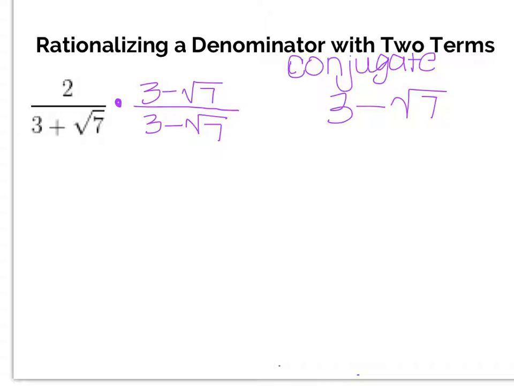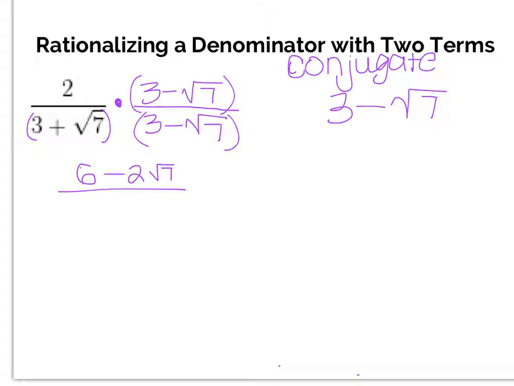Here we need to use some distributive property and some FOIL method. So in the numerator, we have 2 times the quantity 3 minus root 7. So 2 times 3 is 6 minus 2 root 7.